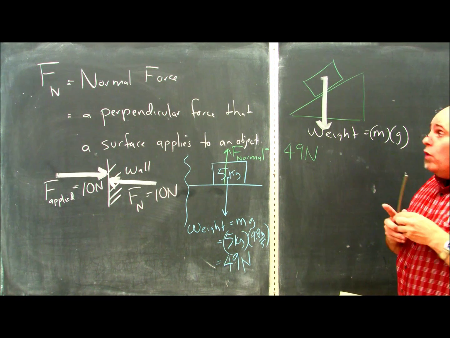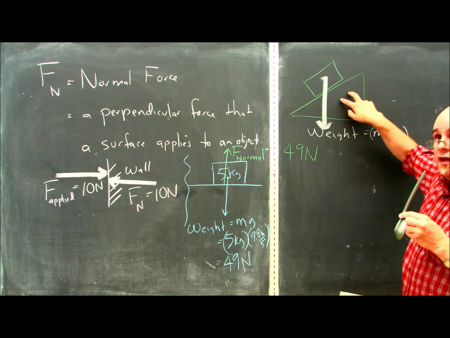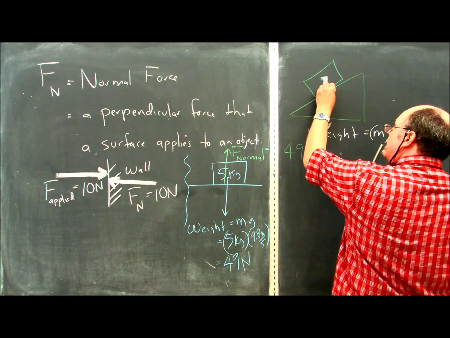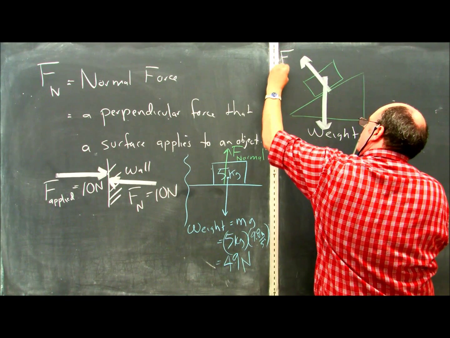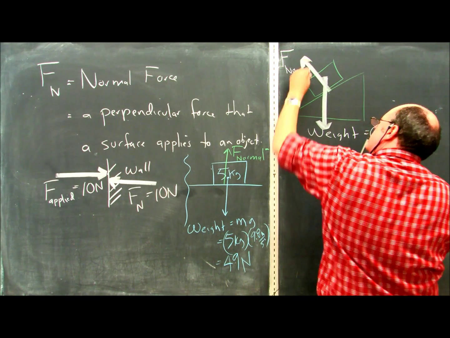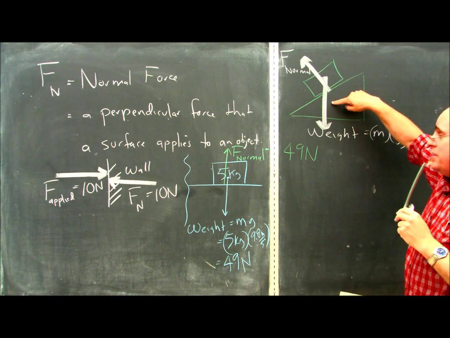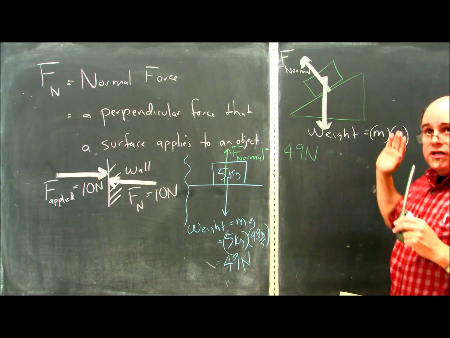Well, the box is pushing on the hill, so the hill will be pushing perpendicular back on the box. So the hill pushes back like this. And this would be called the force normal. Okay? It's perpendicular. Now, it's not equal and opposite to the weight. The normal force does not have to be exactly equal and opposite to the weight.